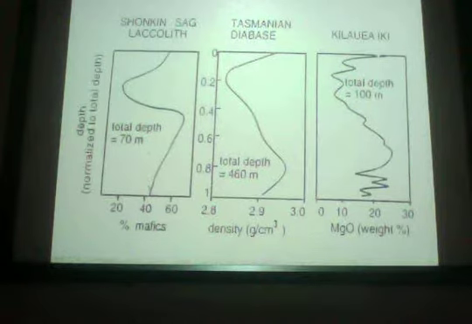Chromium is always related to very mafic rocks, because very mafic rocks crystallize at very high temperatures, and the chromium, or the mineral chromite, is then located at the bottom of the magma chamber.